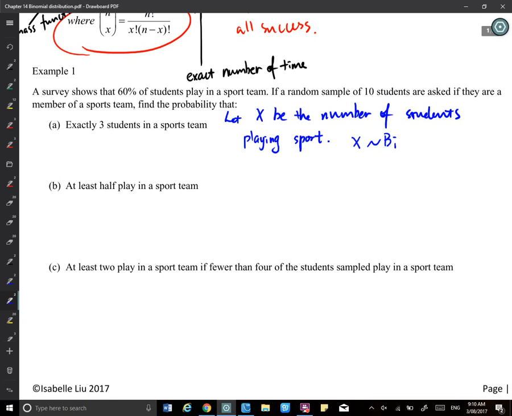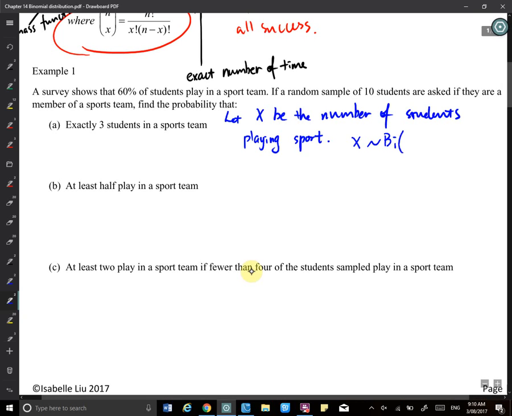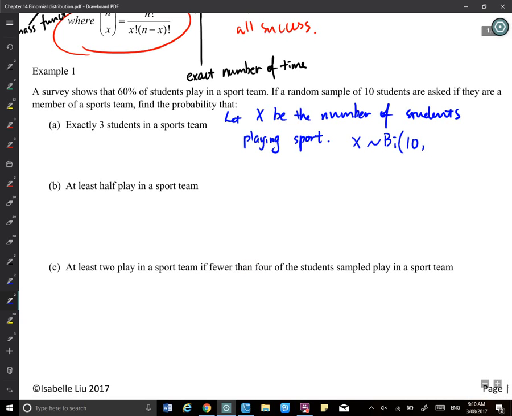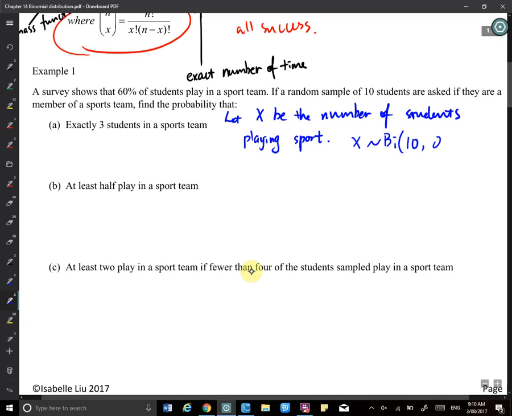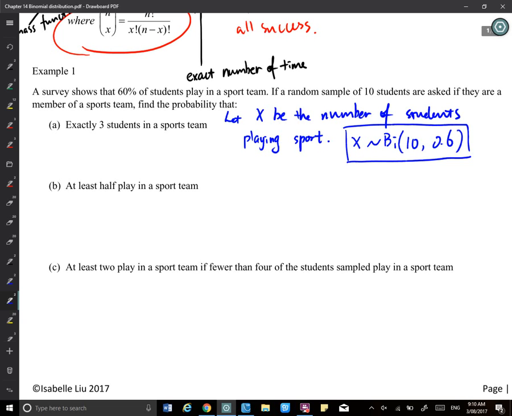Everyone has the same rate of playing or not playing. I have asked 10 times, so the number of trials will be 10, and the success rate will be 0.6. So X is binomially distributed with 10 and 0.6. That's the notation we should have.